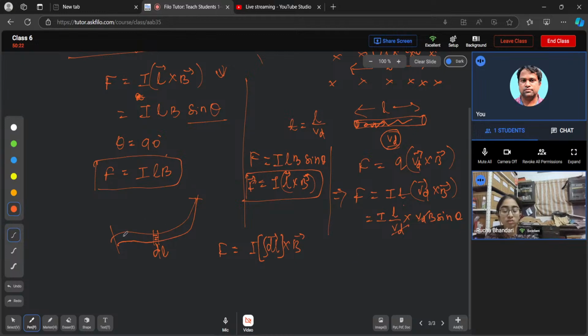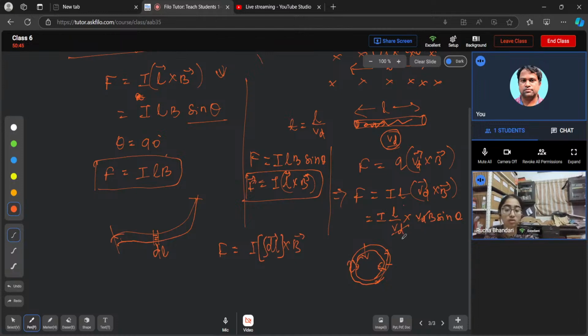Suppose this straight line is, let's say, a closed circuit. The vector sum of all these L, some are in the positive direction, some are in the opposite direction, so the net vector sum will become zero.